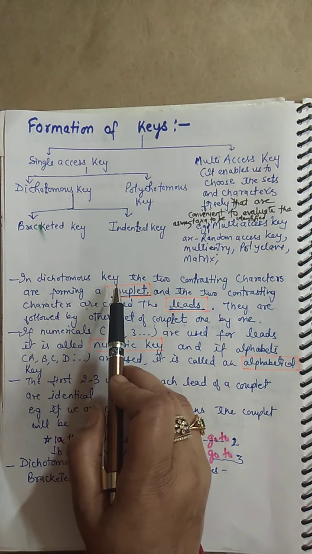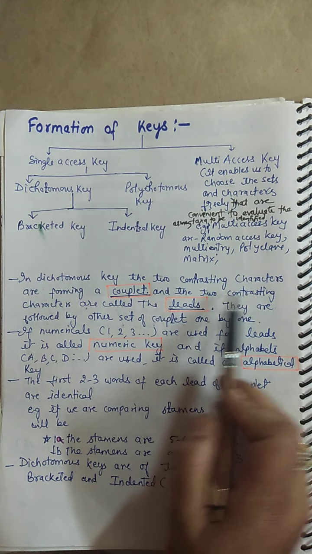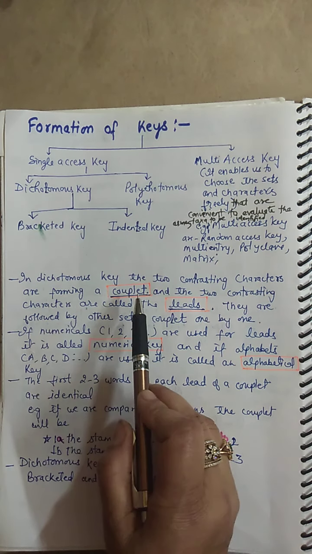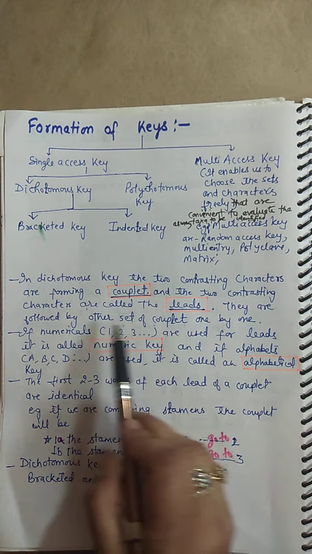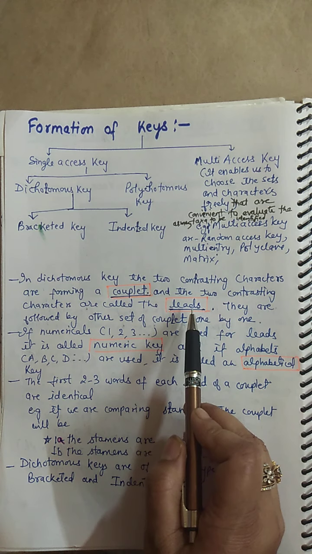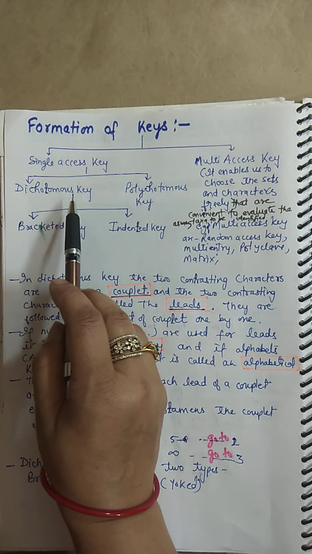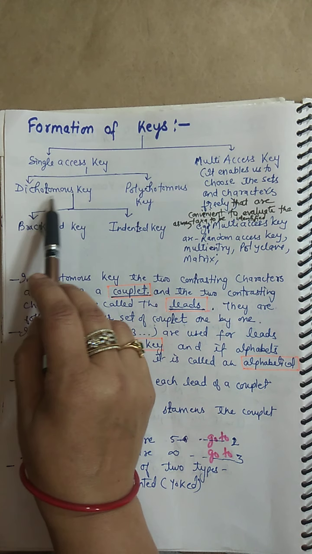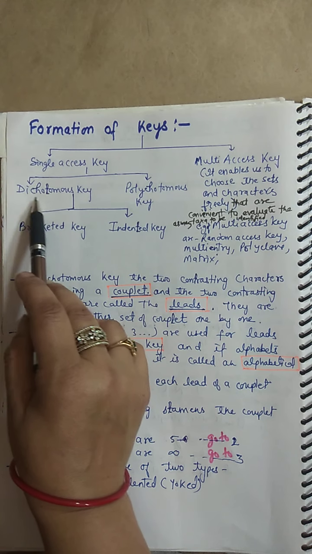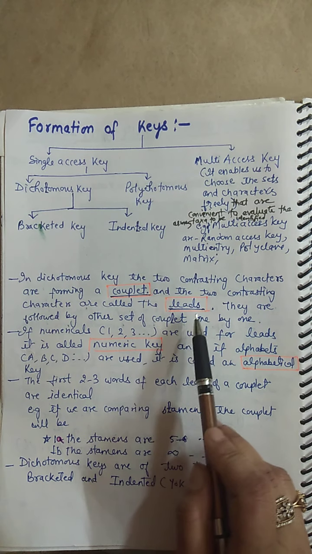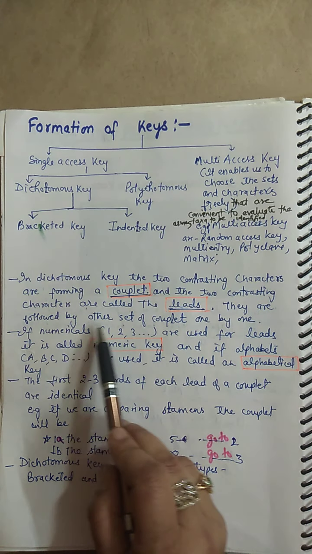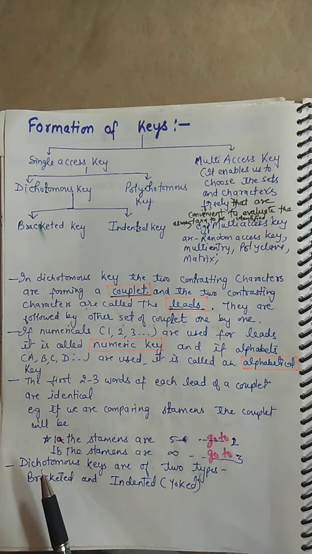In a dichotomous key, the two contrasting characters form a couplet. Each contrasting character is called a lead. As the name dichotomy itself clarifies, di means two. Hence, it has two leads, and these are followed by the other sets of couplets one by one.